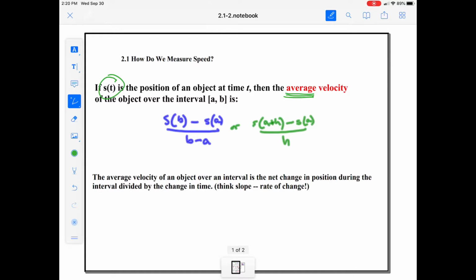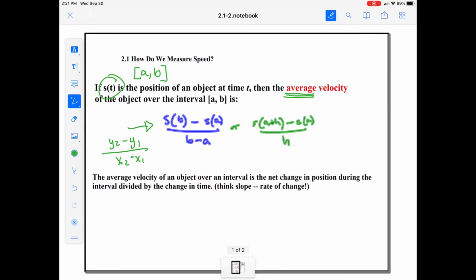So if I have S of t and I want the average velocity over these two x values, a and b, it's S of b minus S of a, over b minus a. That is, people, y2 minus y1 over x2 minus x1, but we're going to see this written in two different ways. Blue is way 1.